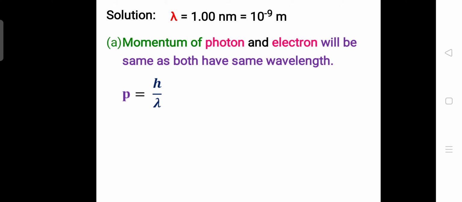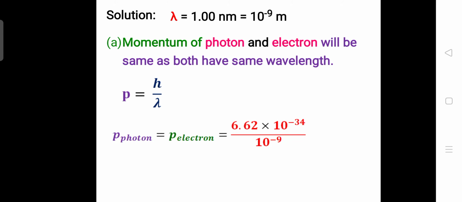What is the formula of momentum? P is equal to h upon lambda. Here h is a constant. It means momentum depends upon wavelength. As the wavelength of photon and electron are the same, the momentum will be the same. So momentum of photon is equal to momentum of electron, that is equal to 6.62 into 10 raised to power minus 34 divided by wavelength 10 raised to power minus 9.